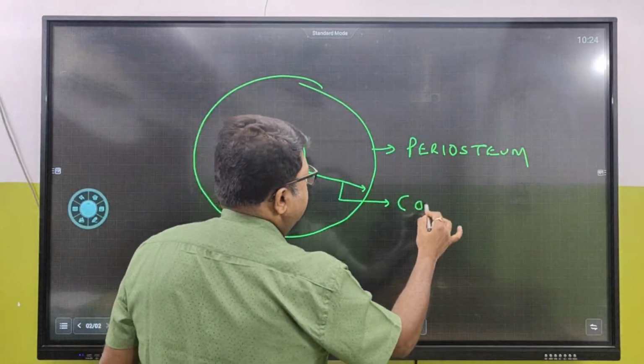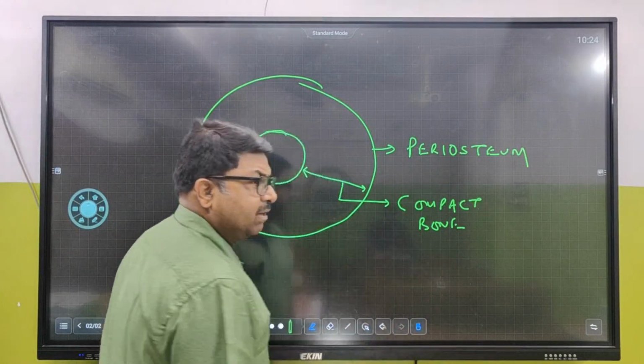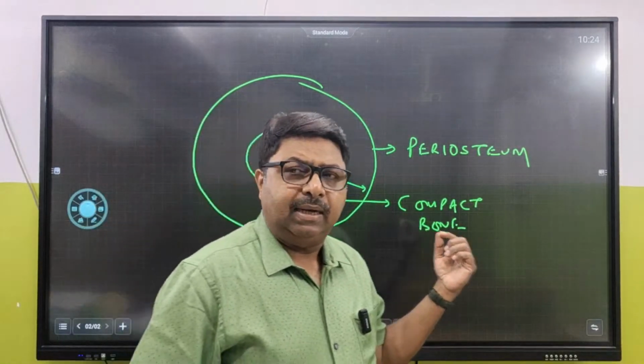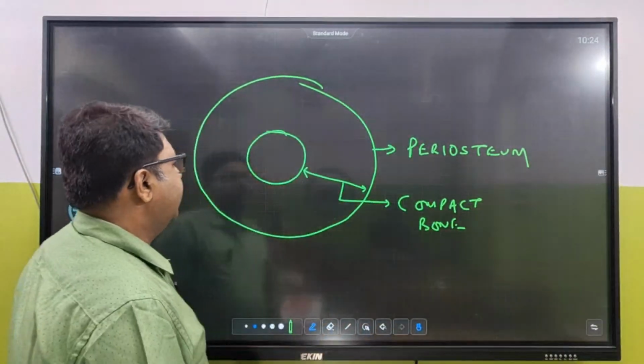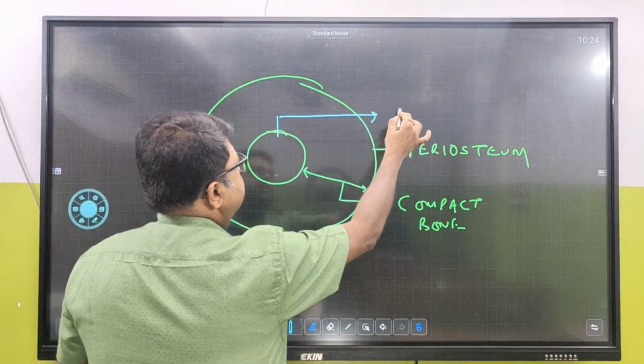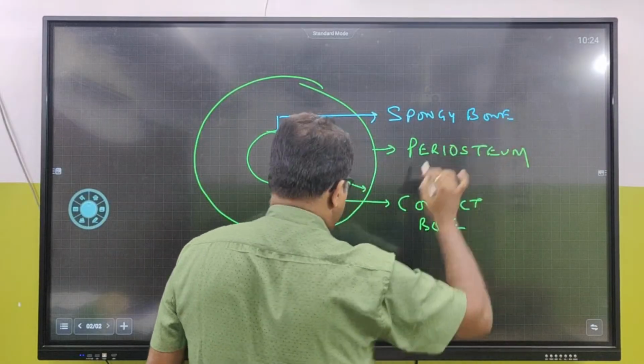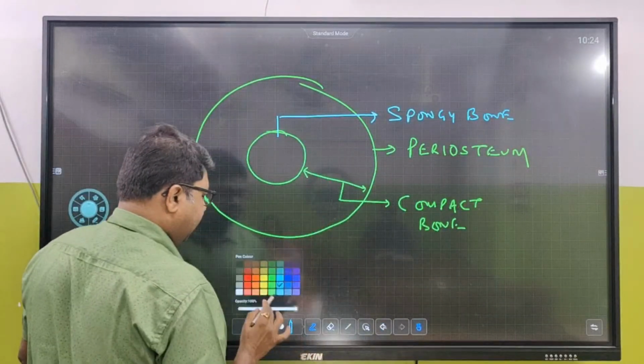This compact bone is rigid and it contains the calcium deposition. Okay? Now, inside this, there is a spongy tissue. What is this? This is spongy bone. And this spongy bone contains blood vessels.